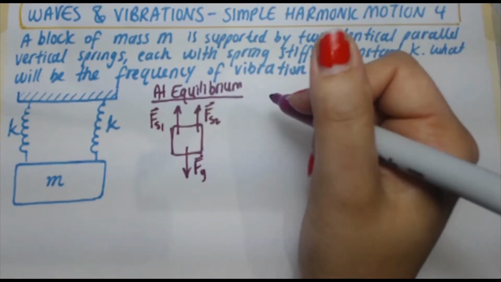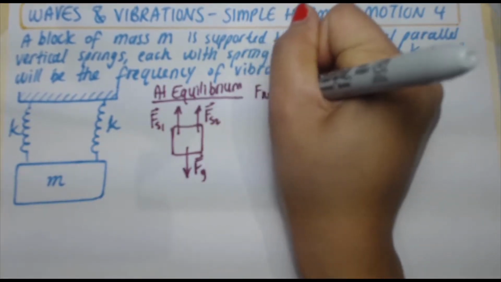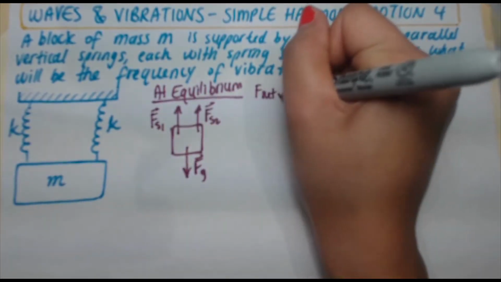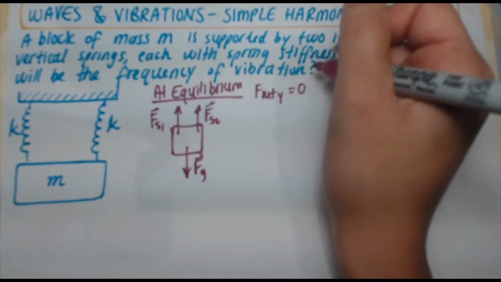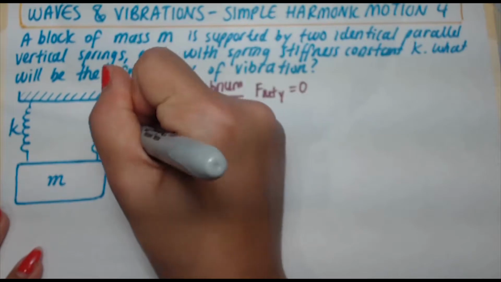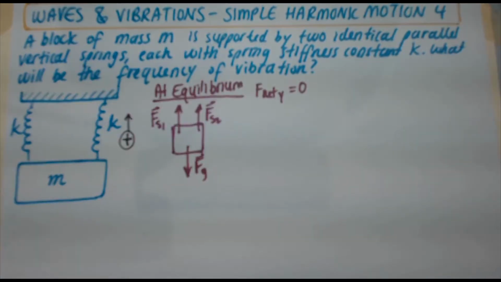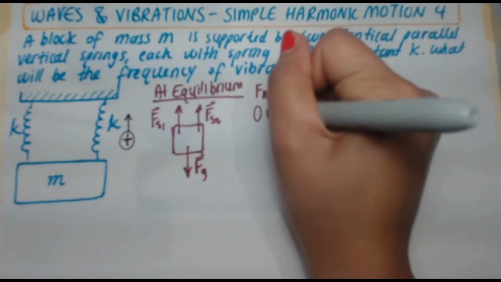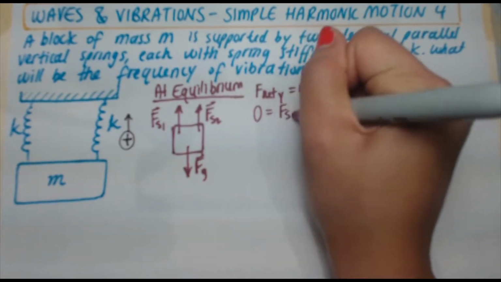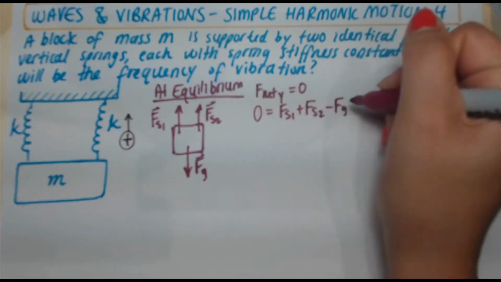Okay, now, because it's at equilibrium, we can say that the net force is equal to 0. So F net, and we're dealing with the net force in the y direction, is 0. Okay, now let's set a positive direction for this problem. Let's let up be positive. Okay, which means 0 is then equal to Fs1 plus Fs2 minus Fg.